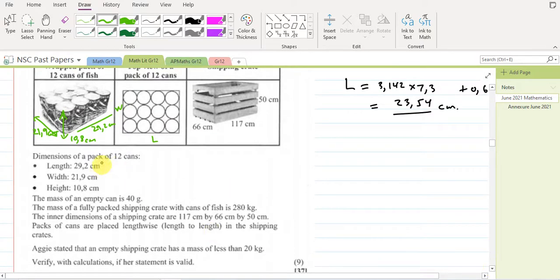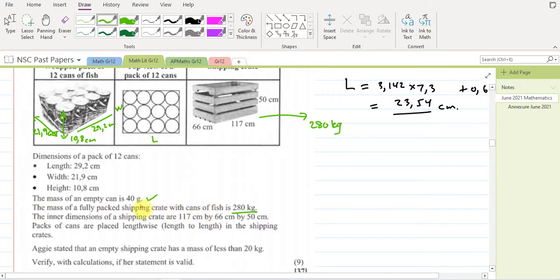Right, so far so good. The mass of an empty can is 40 grams. The mass of a fully packed shipping crate with cans of fish is 280 kg.